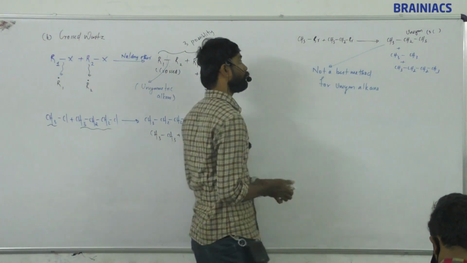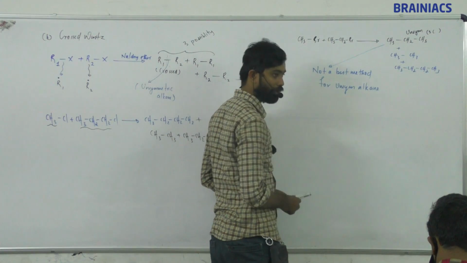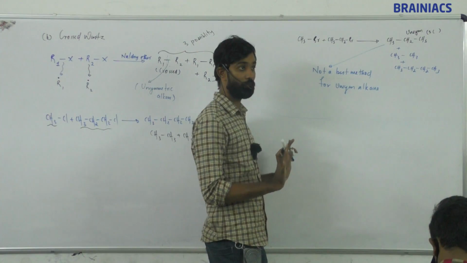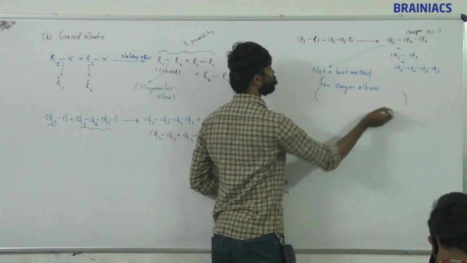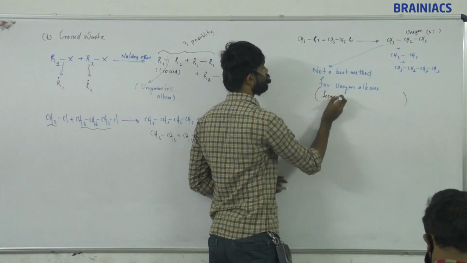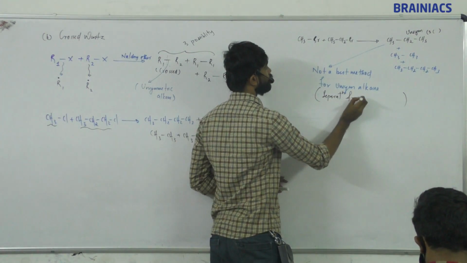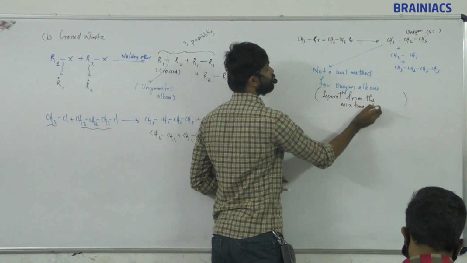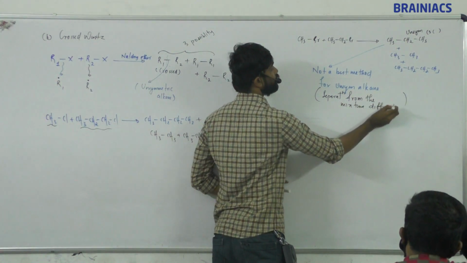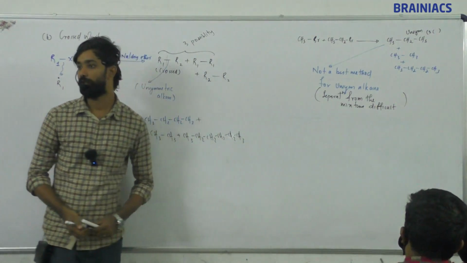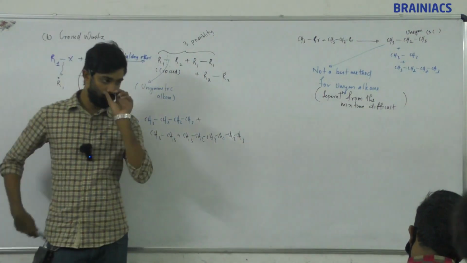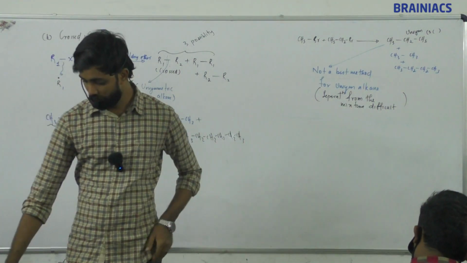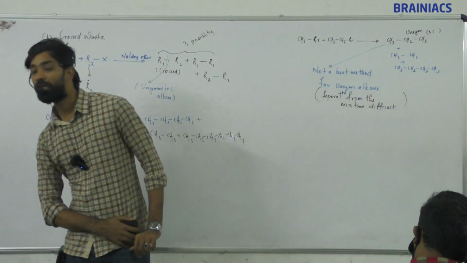So Wurtz reaction is not the best method for preparing unsymmetric alkane. There is a chance for formation of unsymmetric alkane, but it is not the best method because separation from the mixture is difficult, right? Okay. So in the previous case, we already wrote that in simple Wurtz reaction, we obtain symmetric alkane with the even number of carbon.